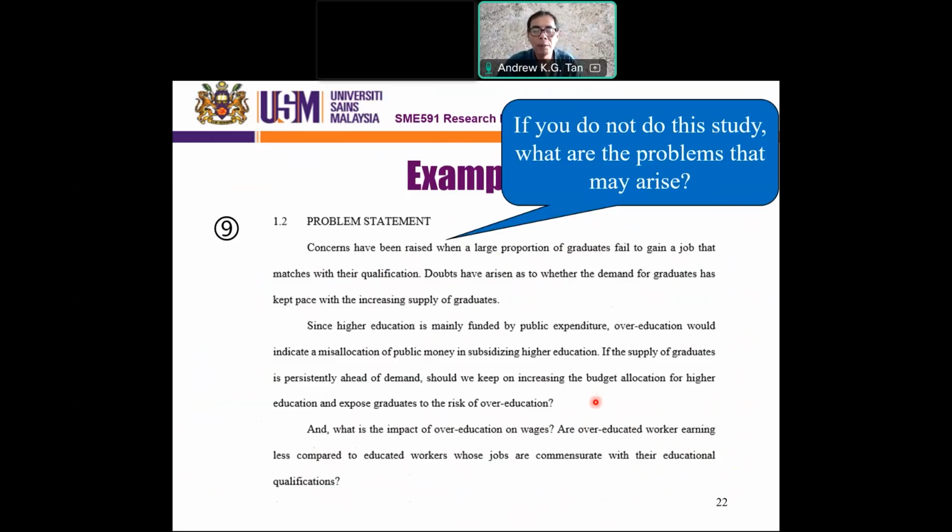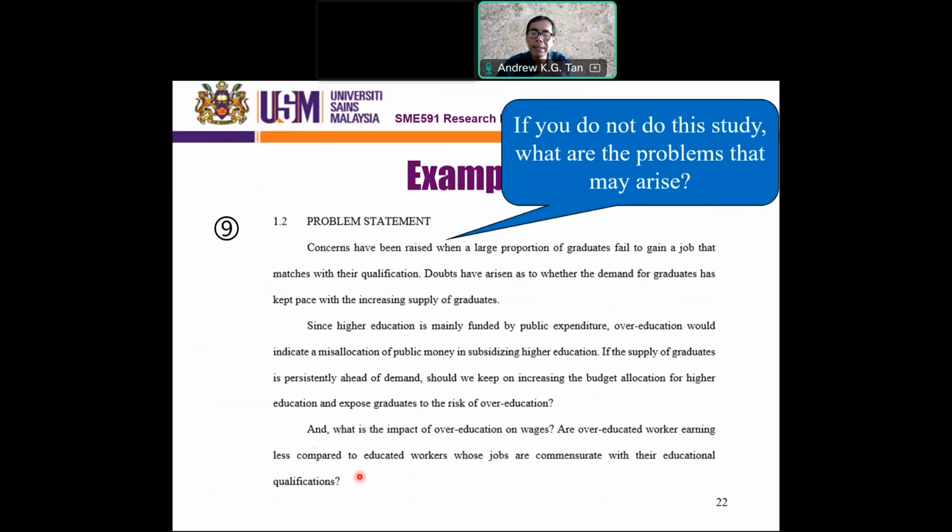And what is the impact of over-education on wages? If this study is not conducted, then this question would not be answered. What is the impact of over-education on wages? Are over-educated workers earning less compared to educated workers whose jobs are commensurate with their educational qualifications?